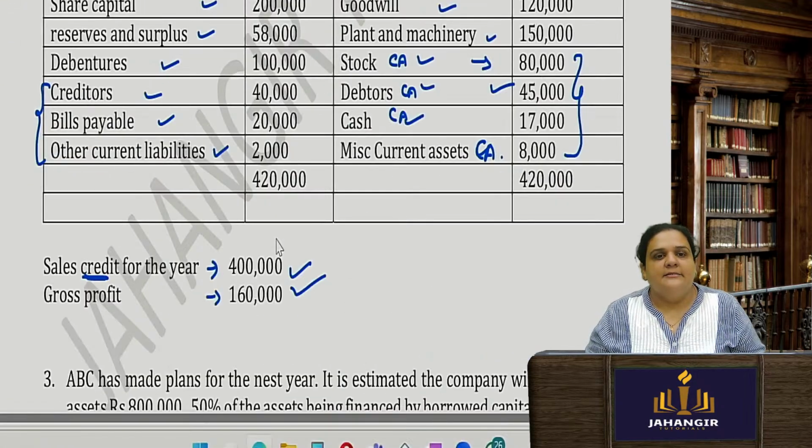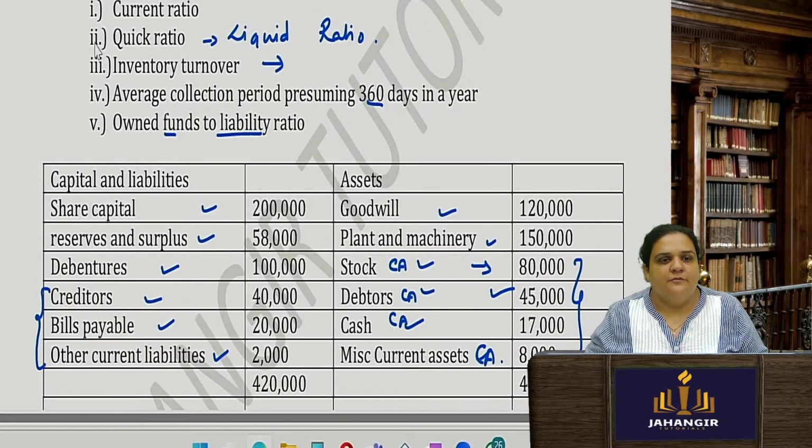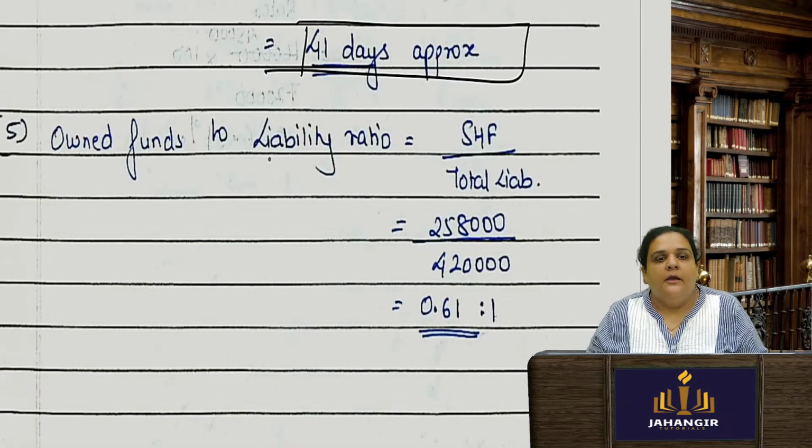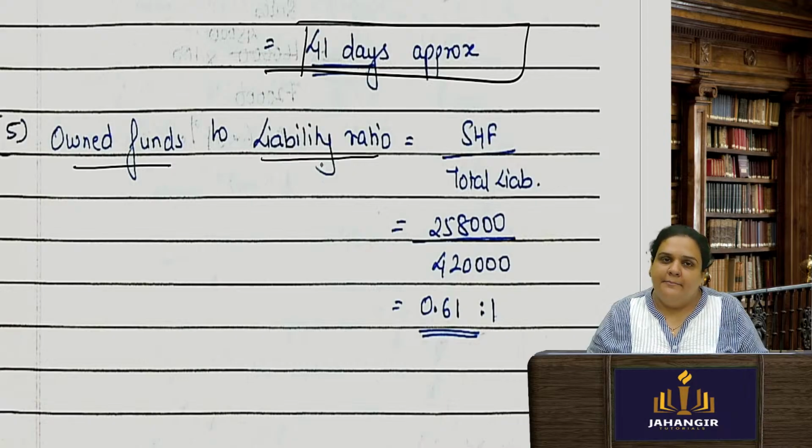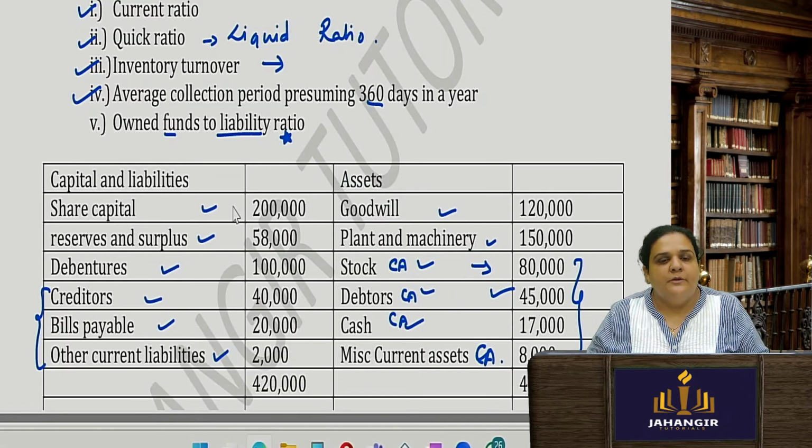And then the last ratio which they are telling me, so we finished with current, quick, inventory, average collection period, owned funds to liability ratio. Now in this case, they have not mentioned which liability and what liability. What I have done is owned funds to total liability I have taken. Shareholders funds will be only share capital plus reserves and surplus.